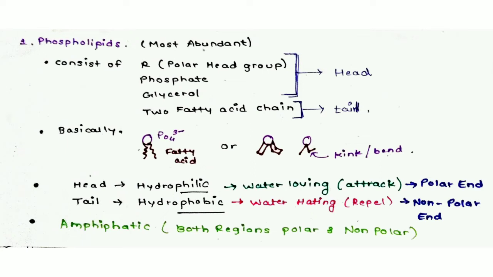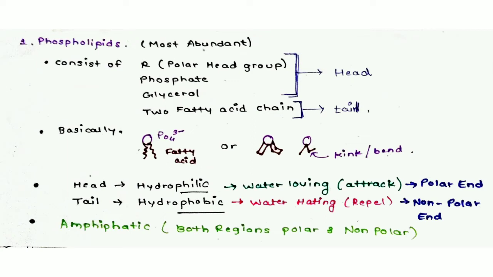Phobic means water hating or repelling water. So it is also called the non-polar end. Due to its two properties, polar and non-polar, or hydrophilic and hydrophobic, it is called an amphipathic molecule.